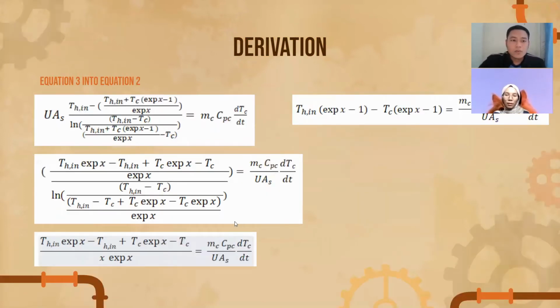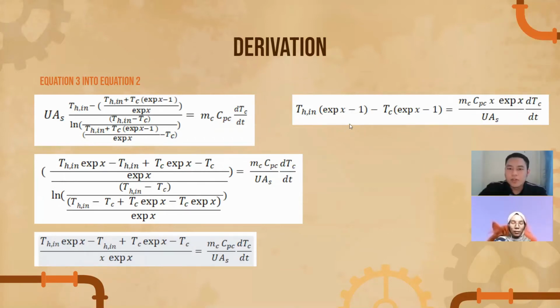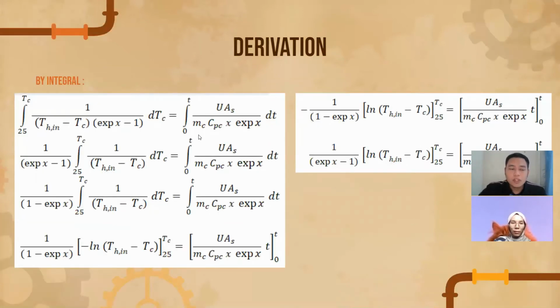Next, we put equation 3 into equation 2, so we get the following equation. Then we solve it as usual. We get TH in bracket of exponent X minus 1 minus TC exponent X minus 1 equals MC CPC X exponent X over UAS times delta TC over dt. And then we do the integration, where the limit is TC and 25 on one side, and t and 0 on the other side.